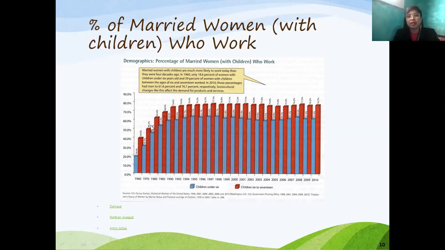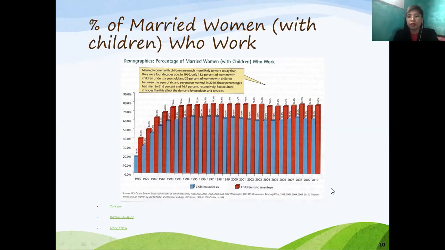During the historical ages, women were just at home doing household chores while their husbands were working. But today, in this new era, women are also working.